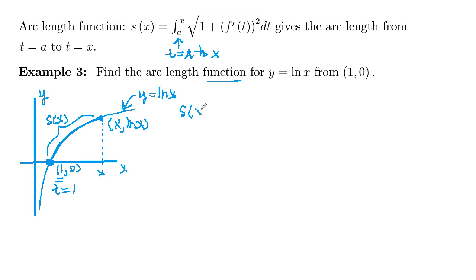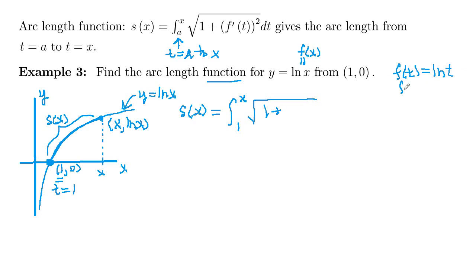So s of x is going to be the integral from 1 to x, 1 being the x coordinate of the starting point, of the square root of 1 plus f prime of t squared. Our function here is our f of x, so if we rewrite that in terms of t, f of t is ln t.